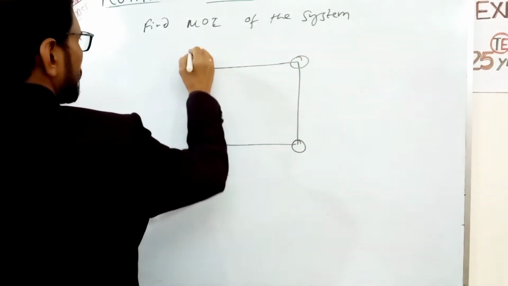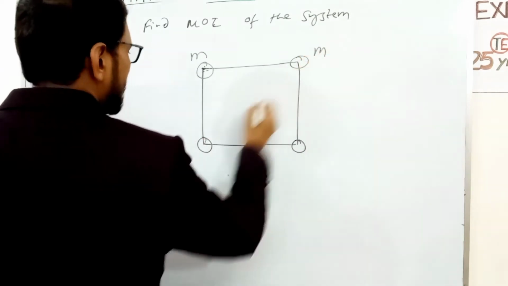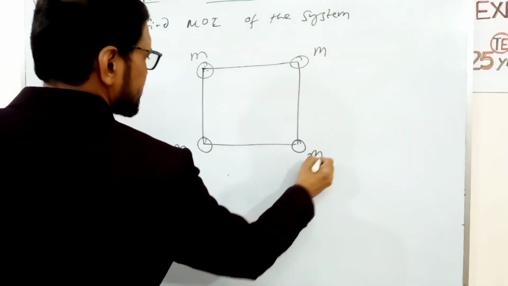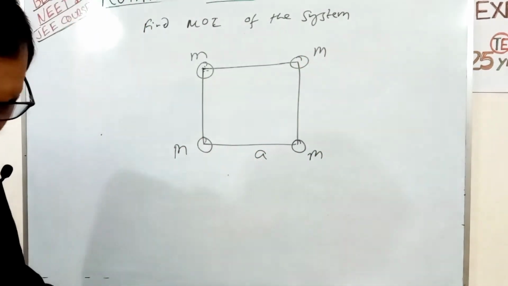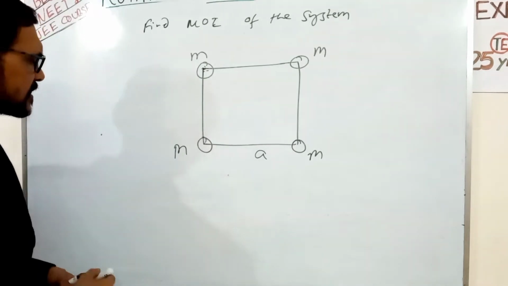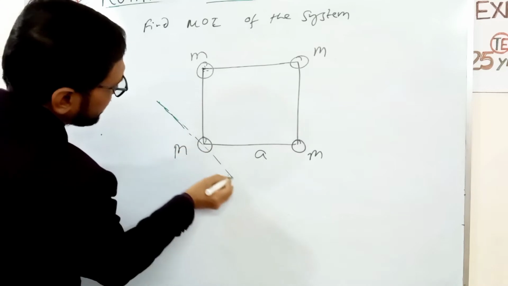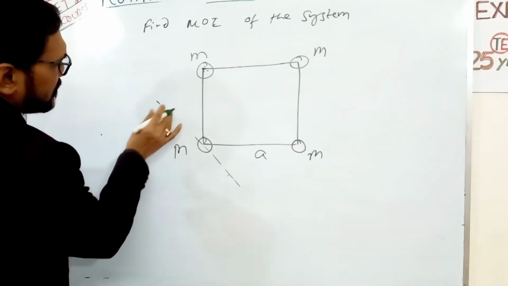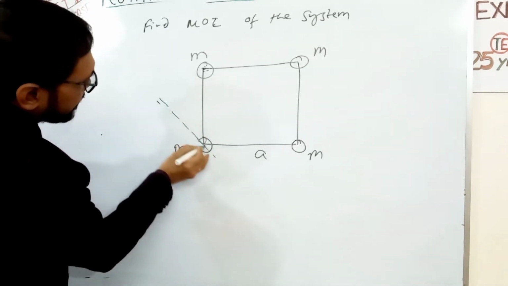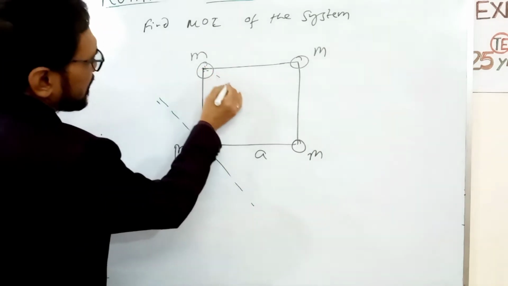Four point masses are placed at the vertices of a square of side a. Find the moment of inertia about the axis. Suppose this is a line which is parallel to the diameter.